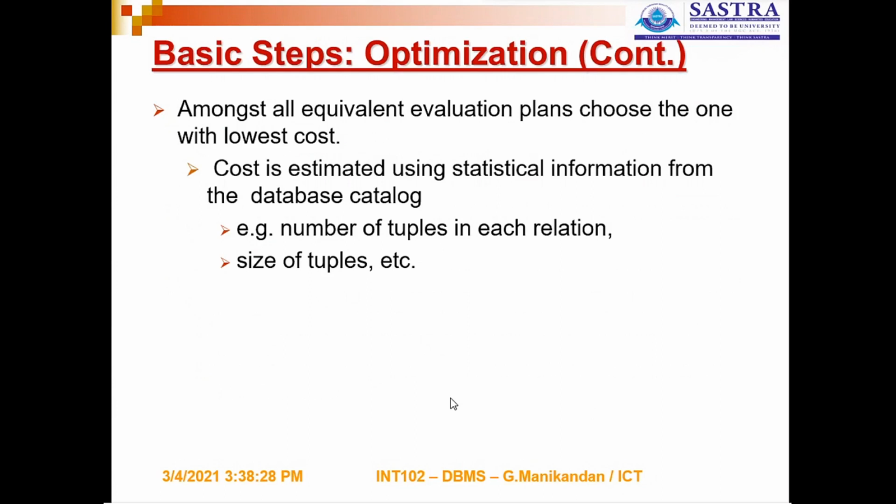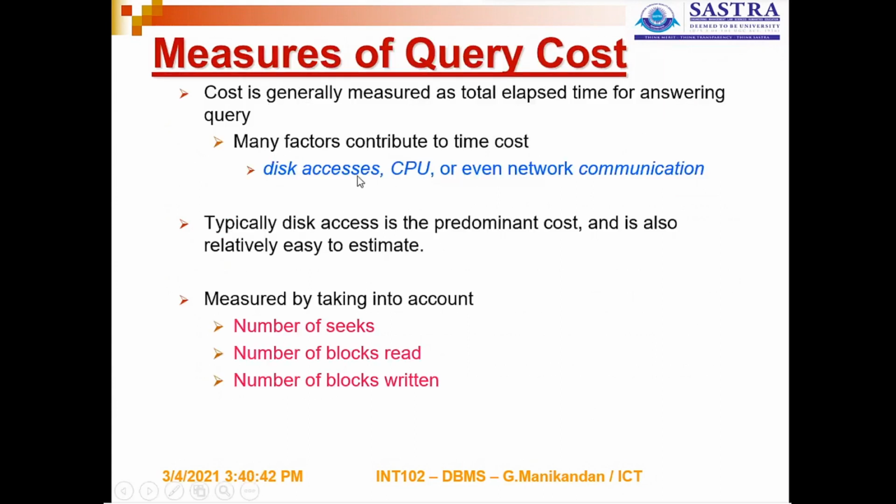What are the various parameters you can use for expressing the cost associated with a particular evaluation plan? Your cost depends upon various factors. Generally, cost is measured using the total elapsed time for answering the query. This elapsed time is based on disk access and CPU speed, and if you use a network, then it is based on network communication also.